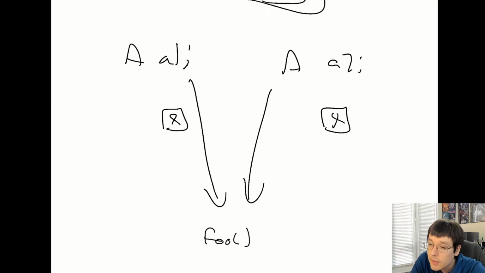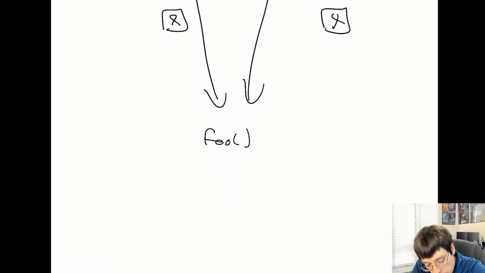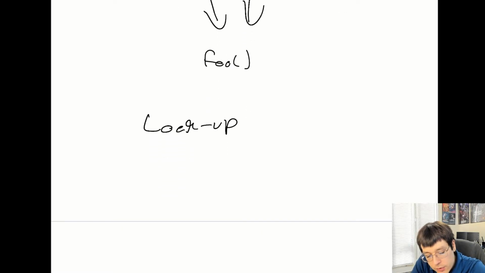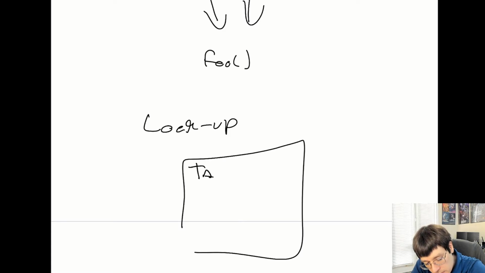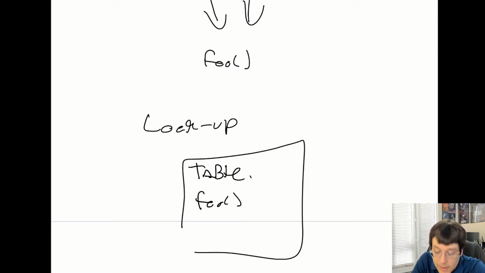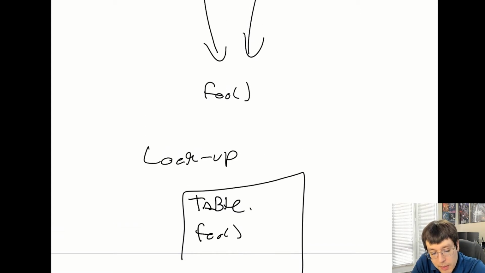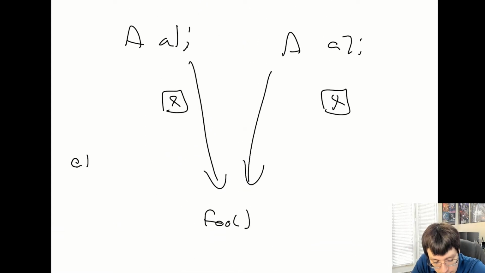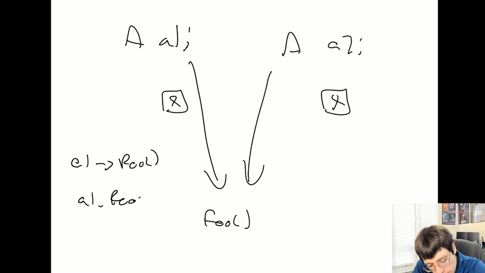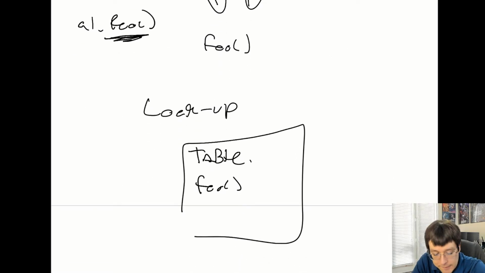Okay? Now this lookup is going to what's known as a lookup table. And this table contains all the functions in the code, including foo for A. So whenever you say something like a1.foo, it's looking up in the list of functions that A has, finding the foo, and running it.